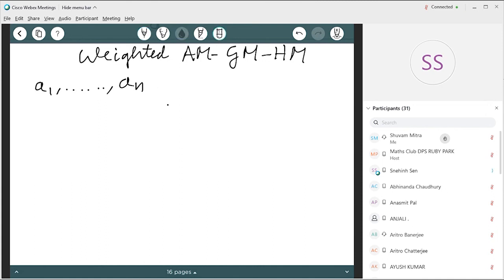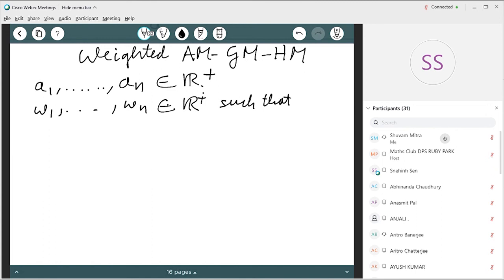From now on, I'll write it as belonging to R plus, the positive reals. W1 to Wn also belong to the positive reals, such that W1 plus W2 plus dot dot dot plus Wn is equal to 1.